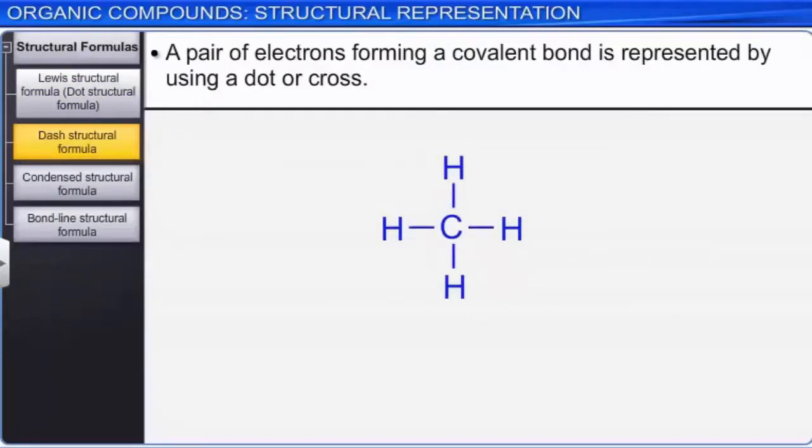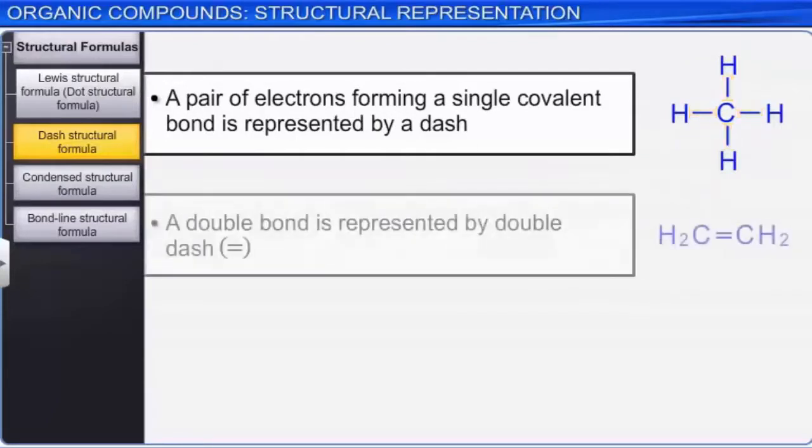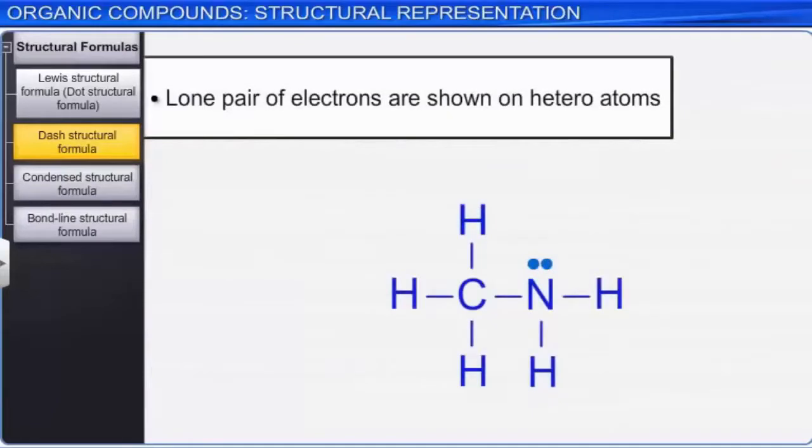This simplified representation is called dash structure. Thus, a pair of electrons forming a single covalent bond is represented by a dash. A double covalent bond is represented by a double dash, and a triple covalent bond is represented by triple dash. Organic compounds containing heteroatoms with lone pair of electrons are represented by a pair of dots on the respective heteroatom.